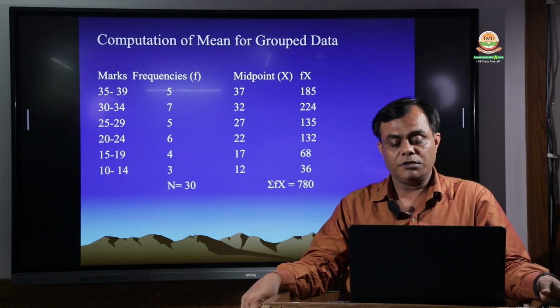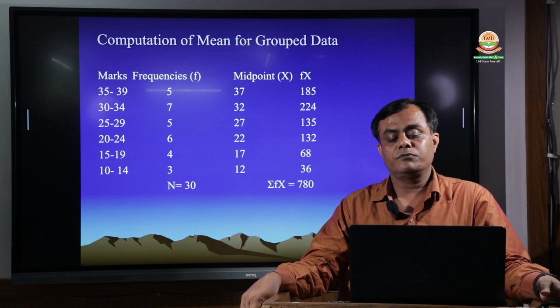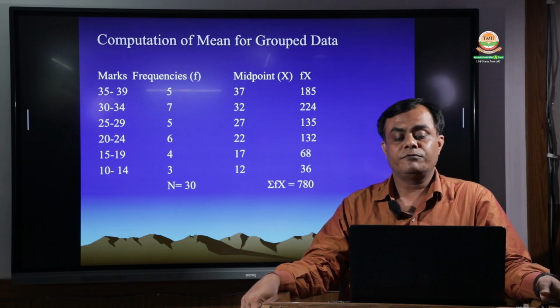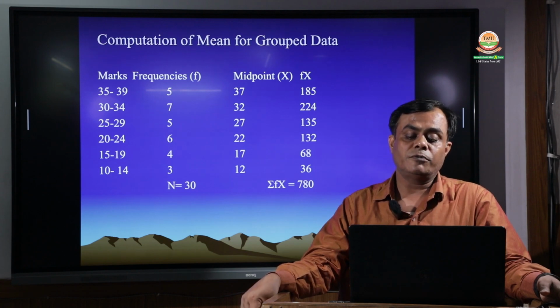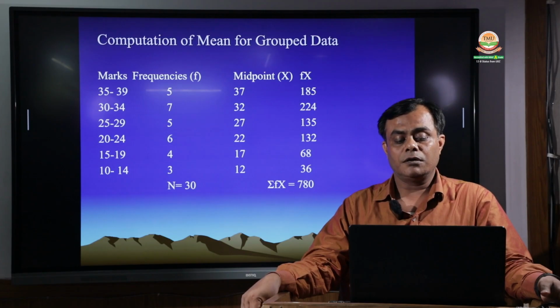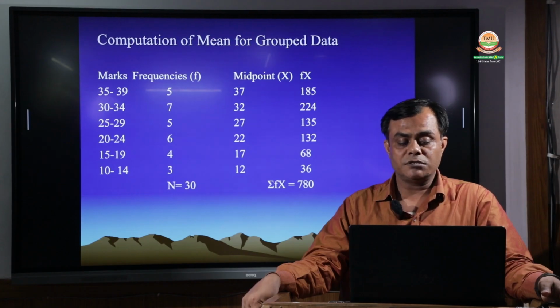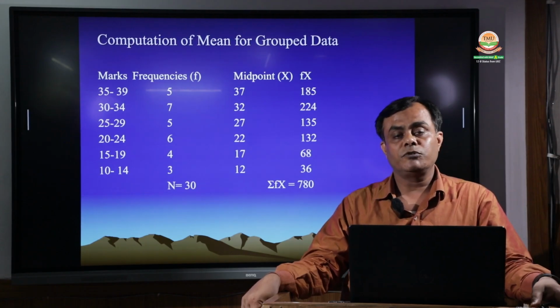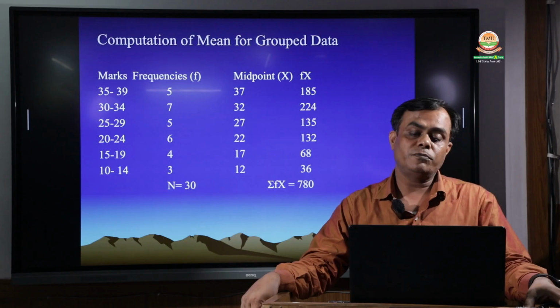And the fourth one, the midpoint of 20 to 24 is 22, and the frequency is 6. So 22 multiplied by 6 equals 132. The fifth one is 15 to 19. The frequency is 4, and the midpoint is 17.